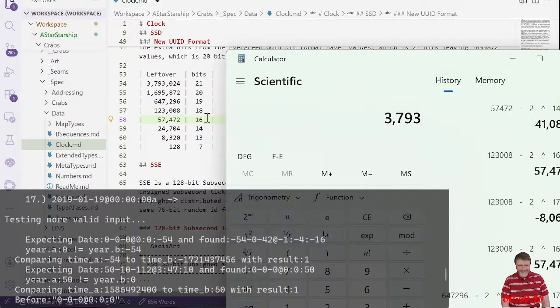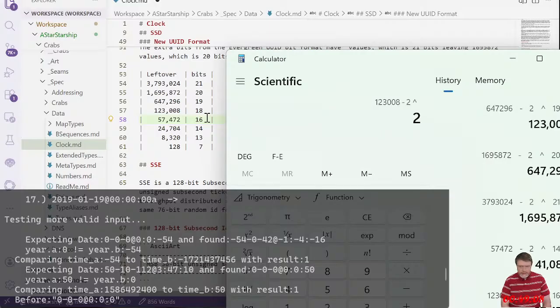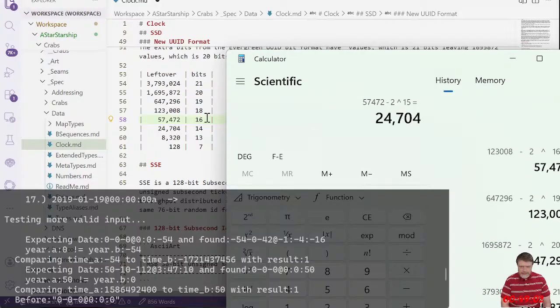3793024 minus 2 to the 21st, minus 2 to the 20th, minus 2 to the 19th, minus 2 to the 16th, minus 2 to the 15th? Yeah.